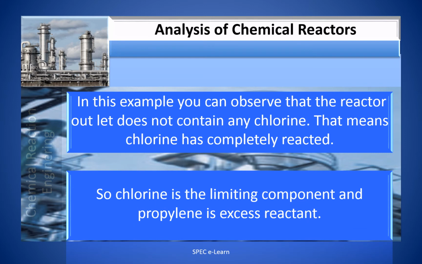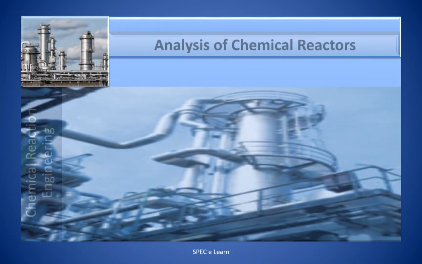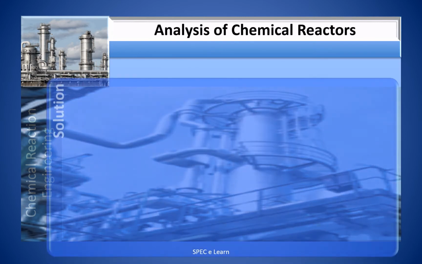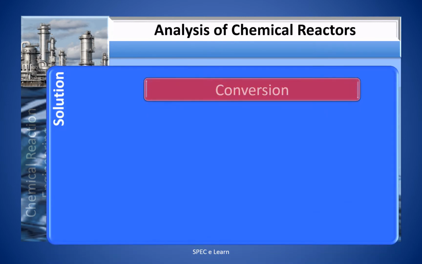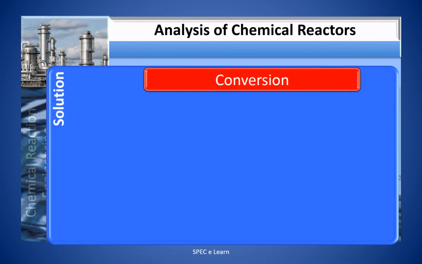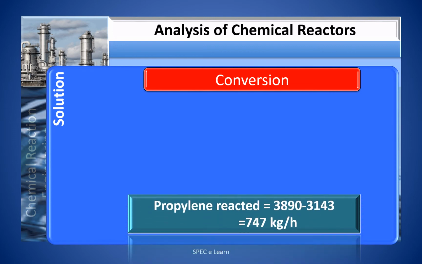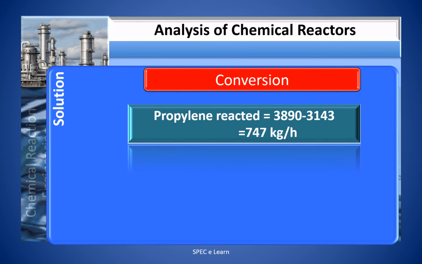So chlorine is the limiting component and propylene is the excess component. You can use the mass flow rates to determine the conversion and other parameters. You can also use the concentration terms to determine the conversion.